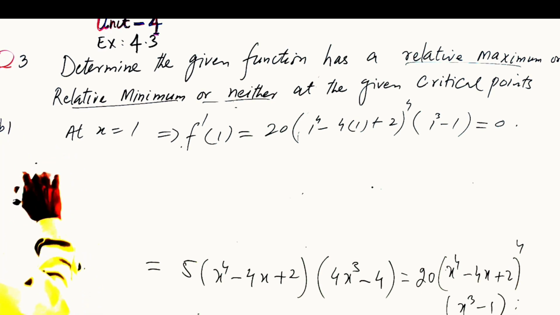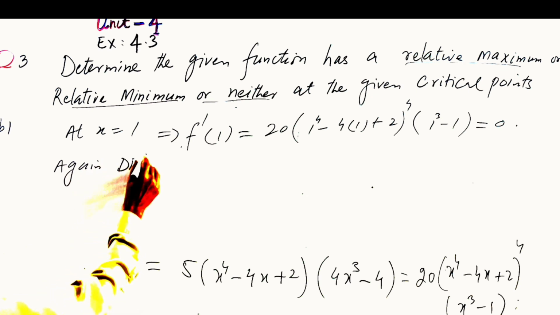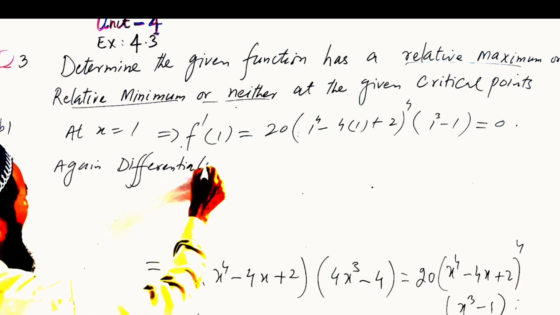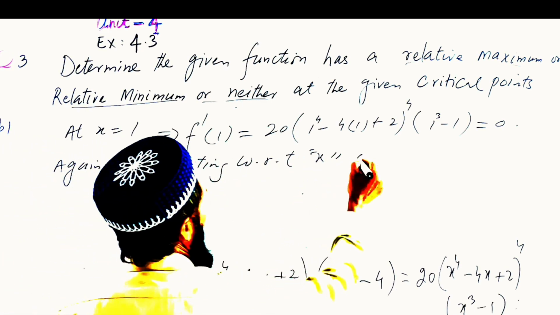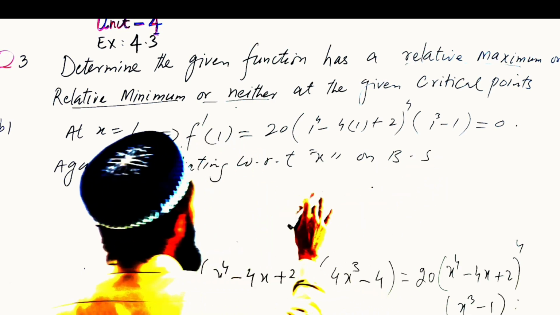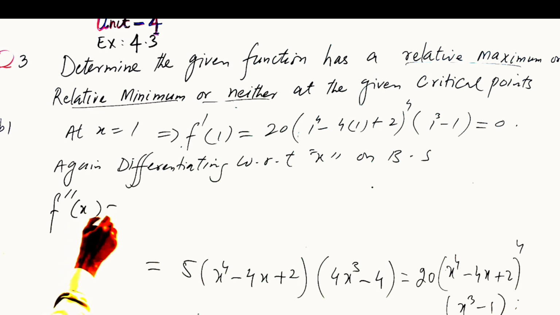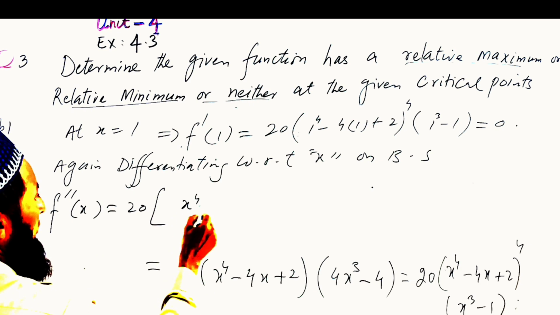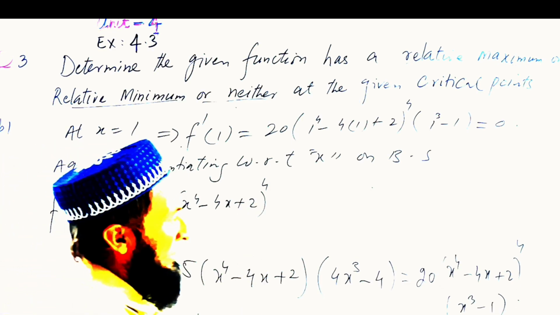We need the second derivative, again differentiating with respect to x on both sides of this equation. So f double dash x is equal to 20 (x power 4 minus 4x plus 2) whole power 4 times (x cube minus 1). Here we are using the product rule, u dot v.